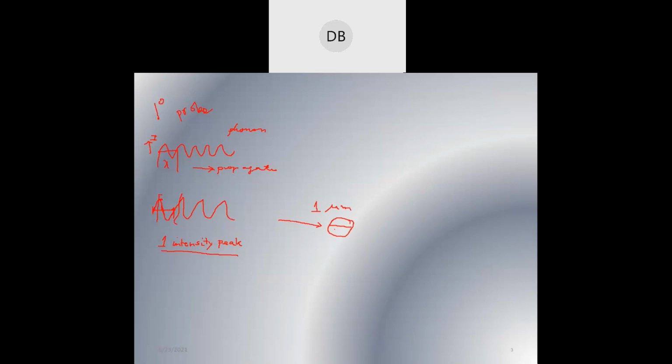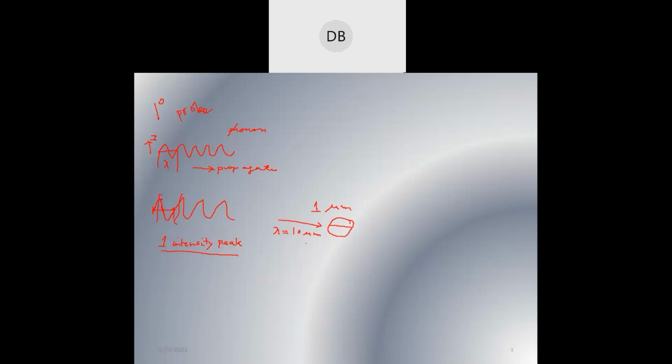Because if the wavelength is more, suppose it is 10 micrometers, then in 10 micrometers there will be only one intensity peak. You cannot guarantee that, since this particle is 1 micrometer, which is 1/10 of the distance traveled by that light during one intensity peak, that same intensity peak will be there when light falls on this one, because the wavelength is large.